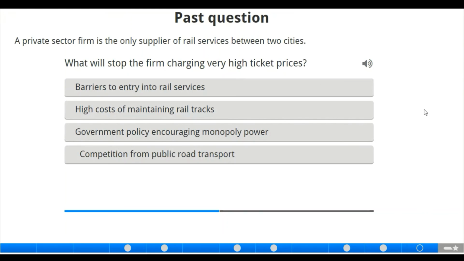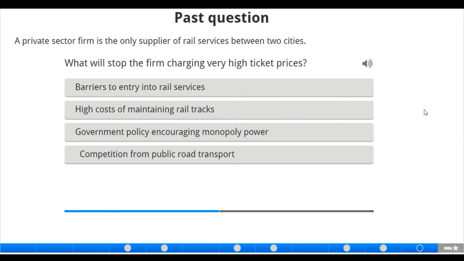We still have an activity here, which is a past question. A private sector firm is the only supplier of rail services between two cities. Okay, what will stop the firm charging very high ticket prices? What do you think can stop this firm from charging high ticket prices?